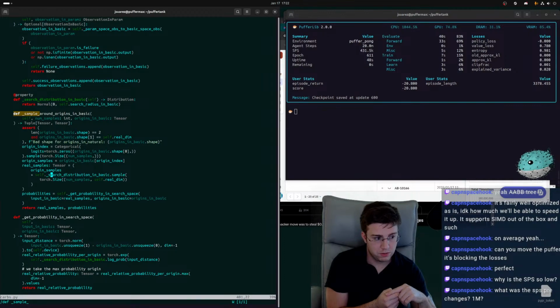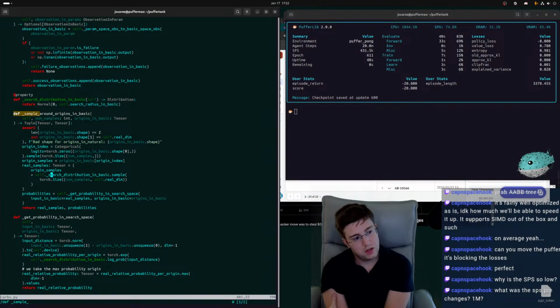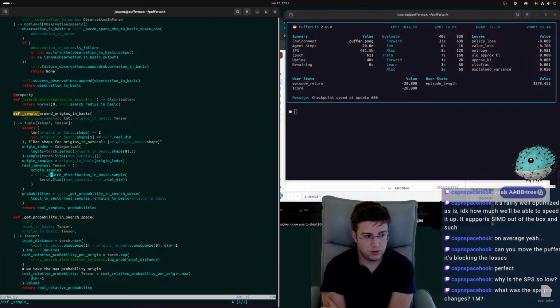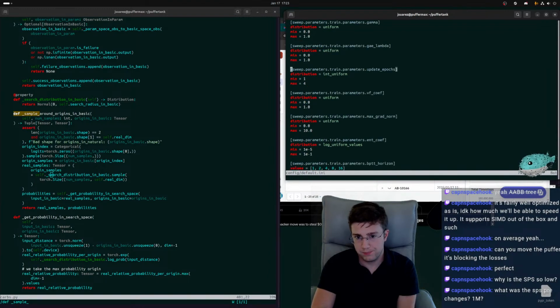Quite a few, to be fair. Issue number one is the way that it is converting hyperparameters into a normalized space. That is not correct, the way it is doing that. Issue number two is the way it is sampling around the hyperparameters in that normalized space. Let me think about how I want to do this. It's very important that I get this right.